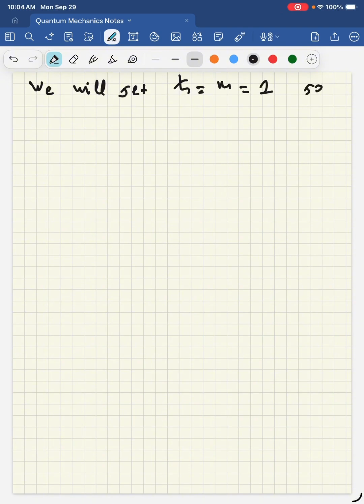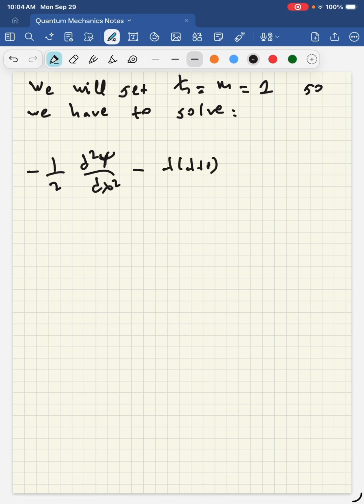So we have to solve this equation: minus 1/2 d squared psi over dx squared minus lambda times lambda plus 1 over 2 times the hyperbolic secant squared x times psi of x should be equal to E times psi of x.